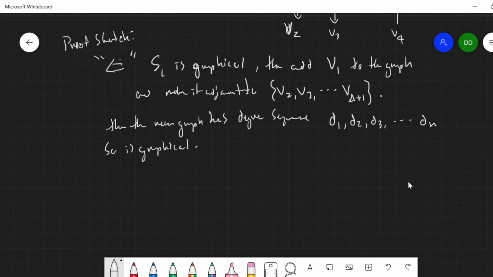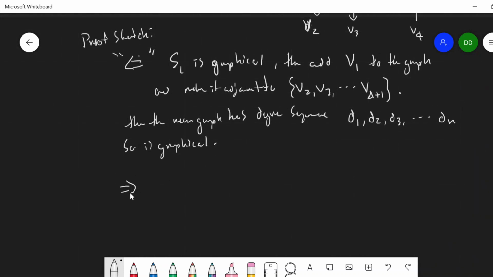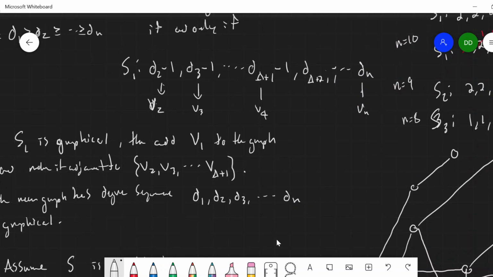And then the forward direction, so assume S is graphical. Then we'll use theorem 1.10.